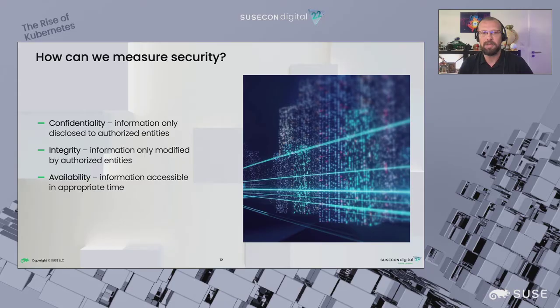Confidentiality is about being sure that the information is only disclosed to the ones that need to access it. Integrity is ensuring that this information isn't altered or modified by anyone that should not access it, that the information is not corrupted, basically. And availability, of course, is ensuring that this information is accessible at the appropriate time.